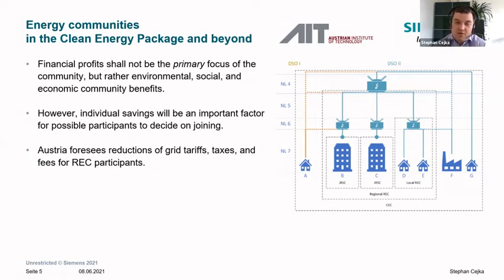Going on, local renewable energy communities shall only pay for costs incurred by network levels 6 and 7, and regional renewable energy communities also for 4 and 5. And for citizen energy communities, as they can span all network levels and even more than one distribution system operator, there are no reductions defined.